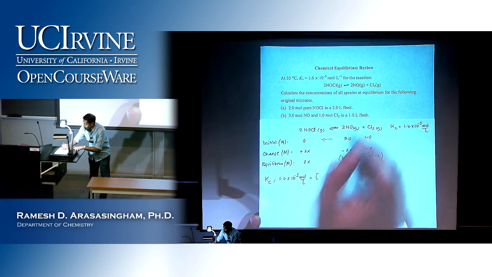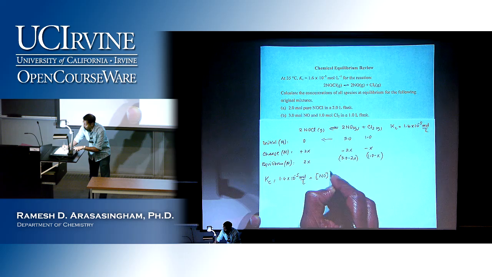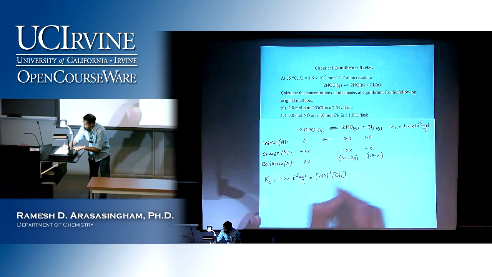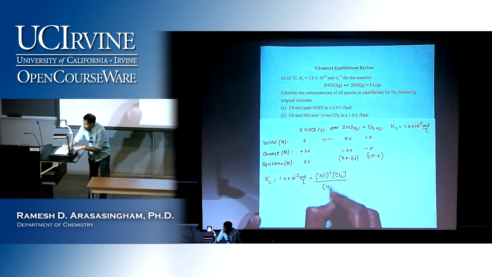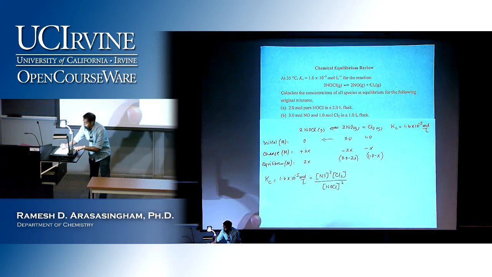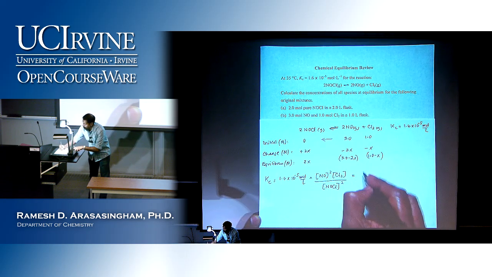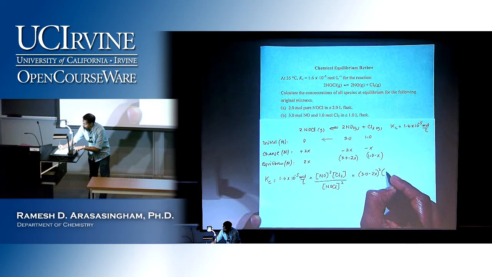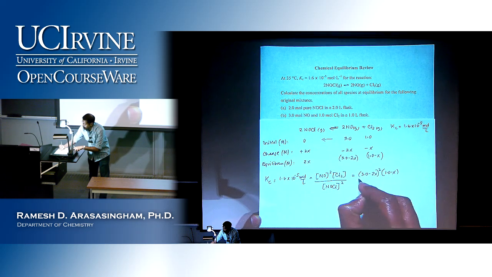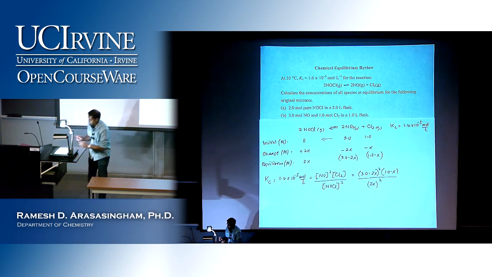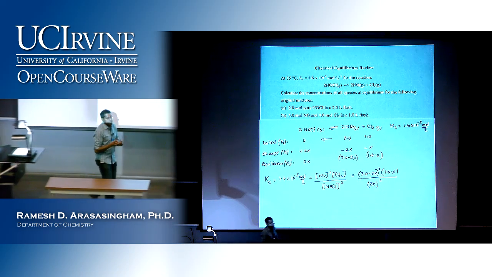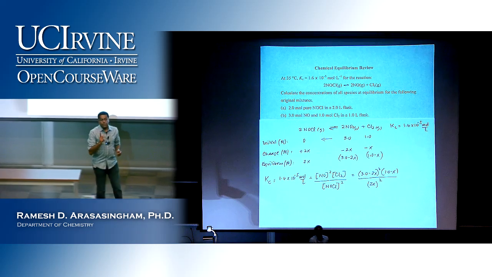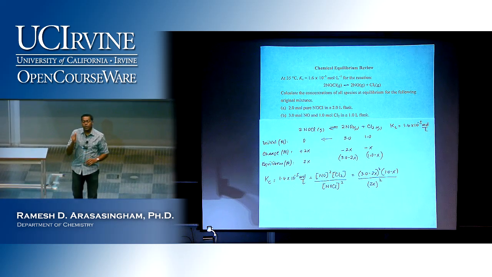All right? So the law of mass action would be NO squared times Cl2 divided by NOCl squared, which is, NO would be 3 minus 2x squared times 1 minus x divided by 2x squared. Got it?